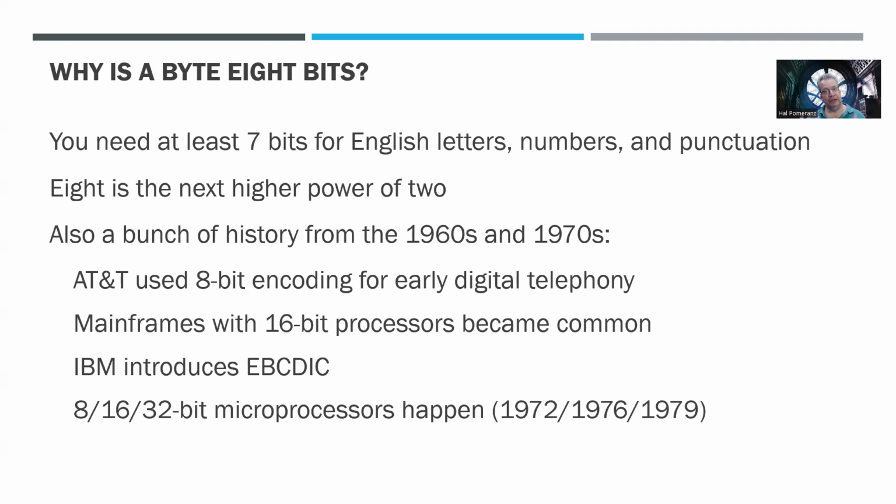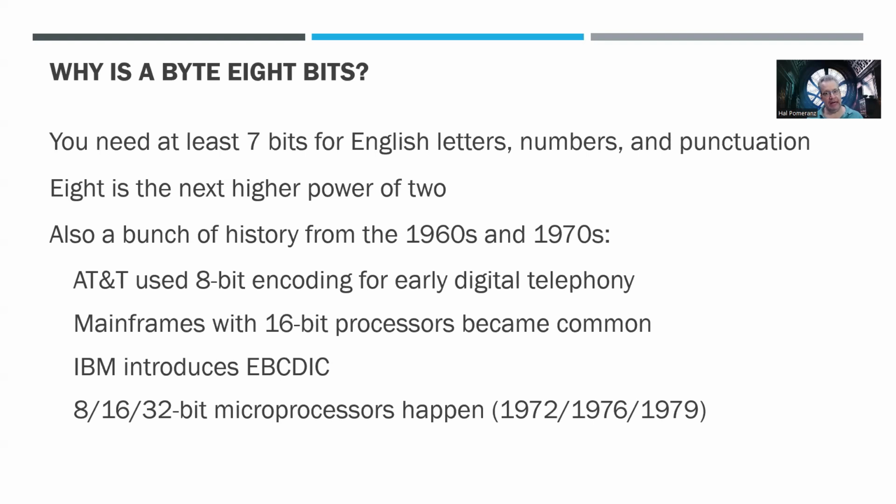There's actually a little bit more of technology history that ties into why the byte that we know and love today ended up being 8 bits. And this is stuff that mostly happened in the 1960s and 70s. In the 1960s, AT&T, which was the only phone company at the time in the US, went to a digital telephony infrastructure.